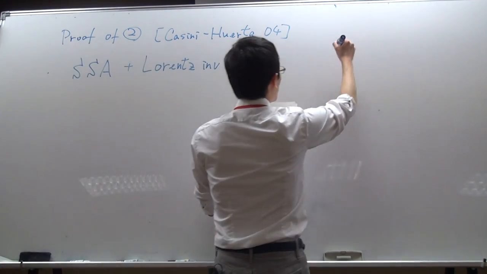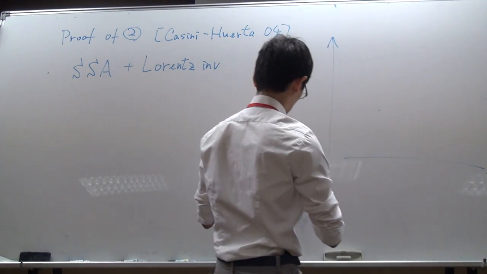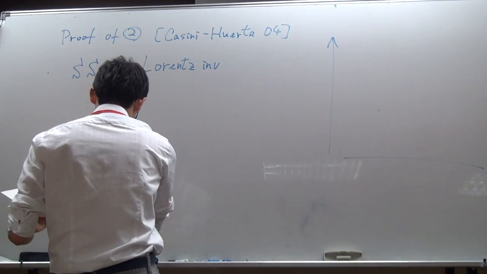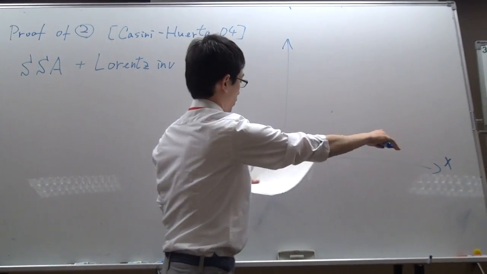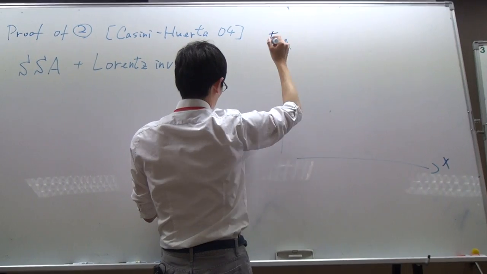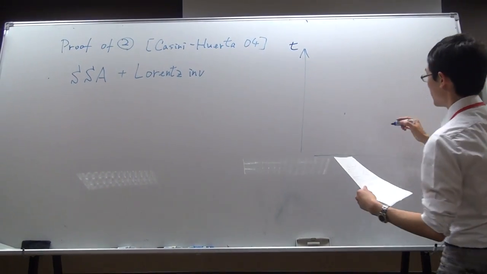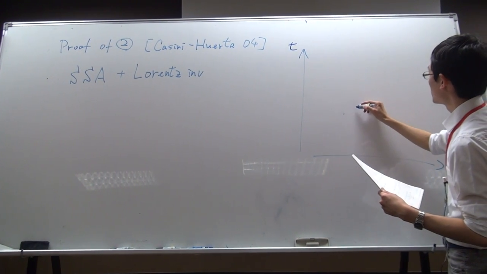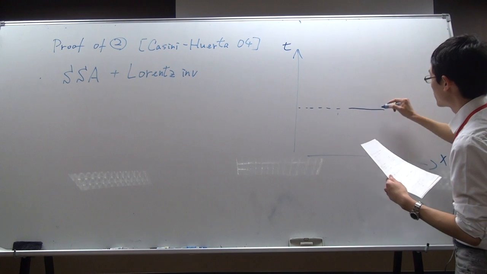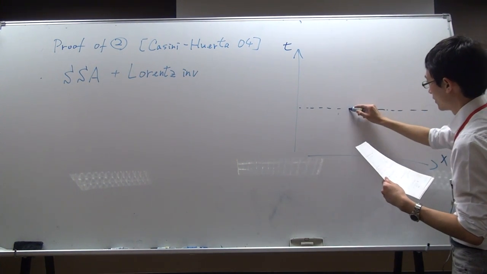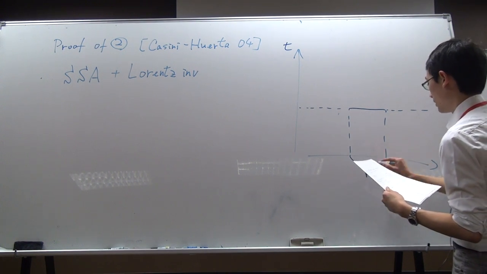Okay, let's consider this. This is the spatial direction, and this is the time direction, Euclidean time, or in this case, I think this is Lorentzian time. Yeah. Okay, and first, at constant time, I have an interval with a small r.